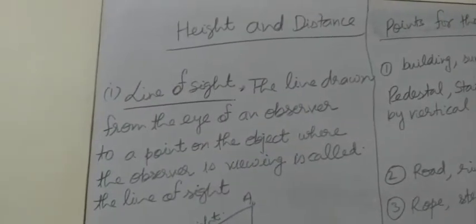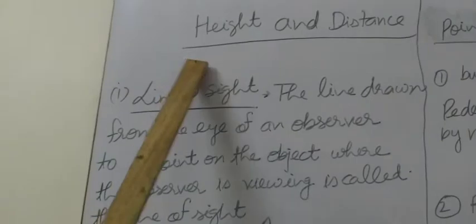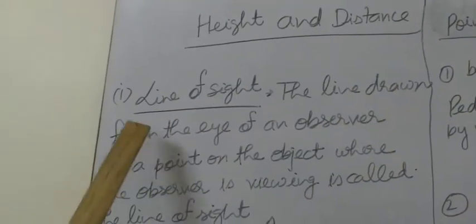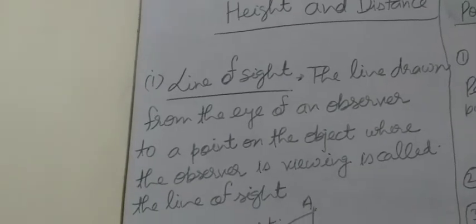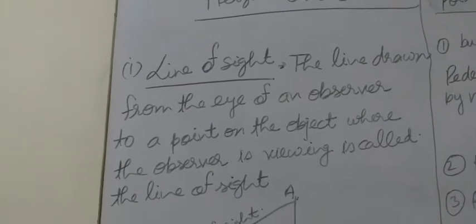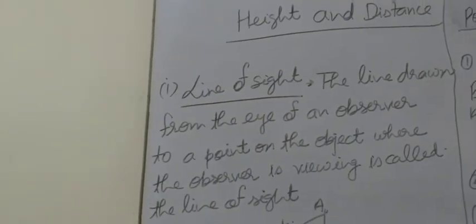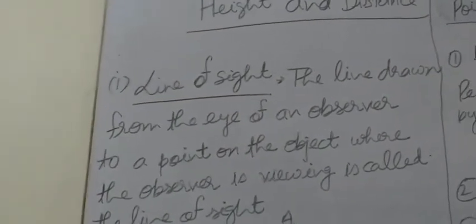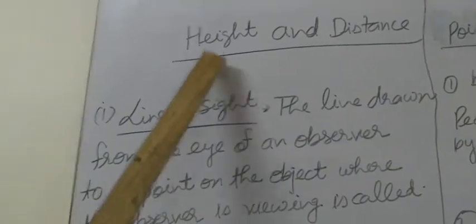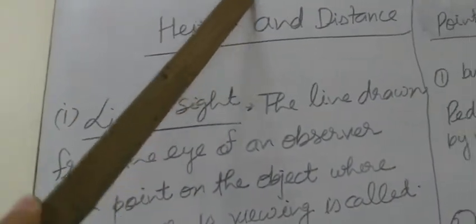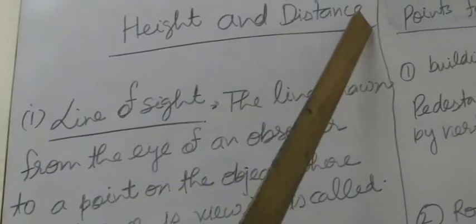Students, today we are going to start a new chapter, Height and Distance. So some definitions we have to remember. First of all, line of sight. Height and distance, students, by the name you can see we have to calculate the height of the objects and the distance between them.